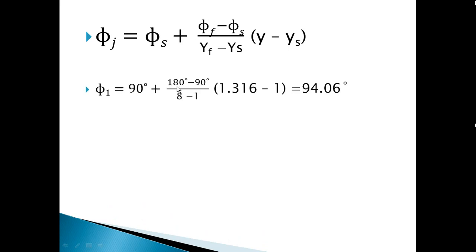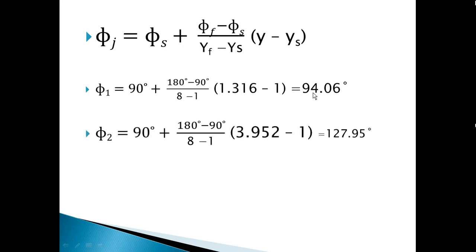So 180 degree minus 90 upon yf, which we calculate from y equal to x raised to power 1.5. For the finish value, 4 raised to power 1.5, you will have 8. In this way, 8 minus 1, in bracket 1.316 minus 1, gives 94.06.